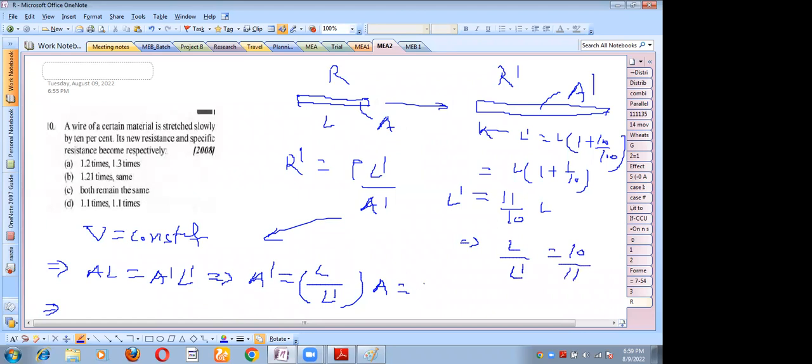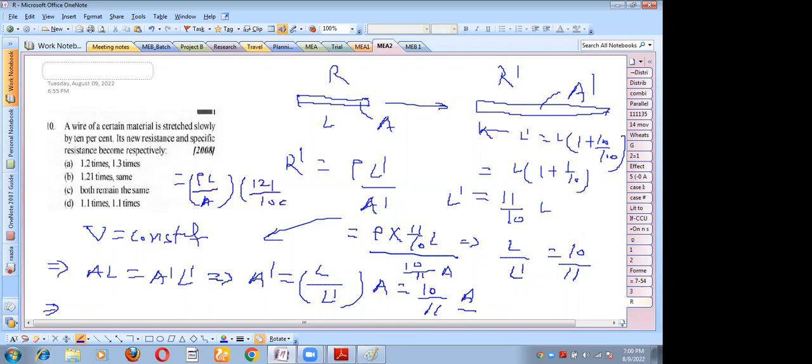So A dash is 10 upon 11 A. Now we can easily find the new resistance. Rho into L dash, 11 upon 10 L, upon A dash, 10 upon 11 A. So you will get rho L by A into 121 upon 100, that is R into 1.21.